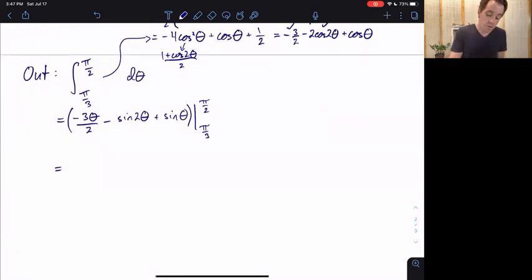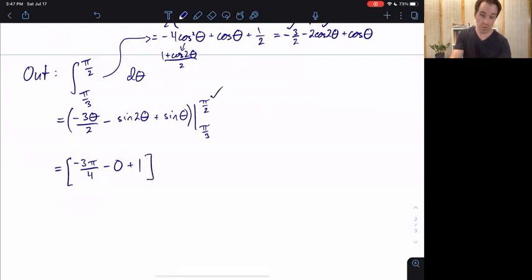Putting in pi over 2. If you're still watching this by now, then you're a real hero. Putting in pi over 2 will get us -3 pi over 4, and then minus sine of 2 times pi over 2. That's sine of pi, which is 0. So that's -0. And then plus sine of pi over 2 is plus 1.